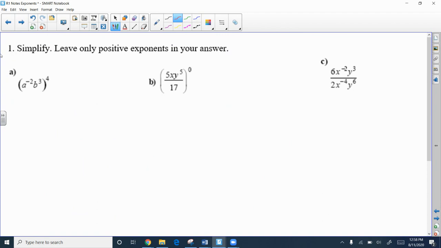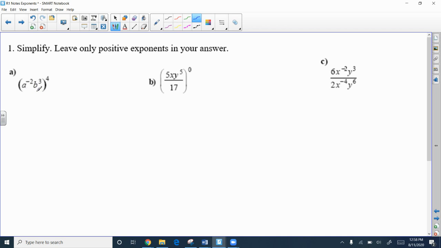On these examples, example 1, we're trying to simplify and leave only positive exponents in your answer. So example A, I'm trying to simplify a to the negative 2, b to the 3rd, all to the 4th power. The first rule I have to use here is rule number 6, where I have to raise everything in the parentheses to the power. I can't combine these two bases because they're different.